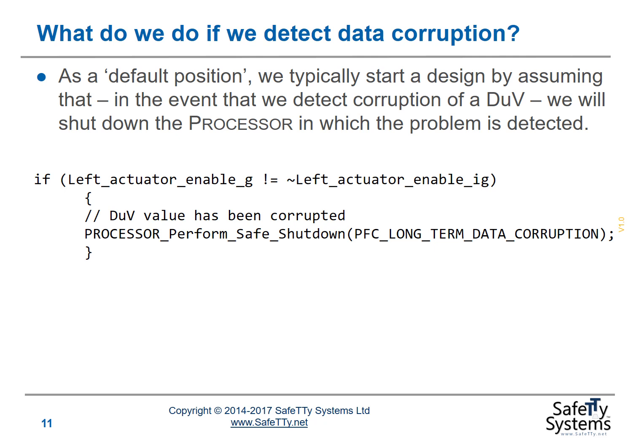We find data corruption here. We're just about to use this variable. We find the value of the variable has been corrupted, and we're going to perform a safe shutdown of this processor. We'll talk about some other options that we can consider later in this video, but this is going to be our default position.